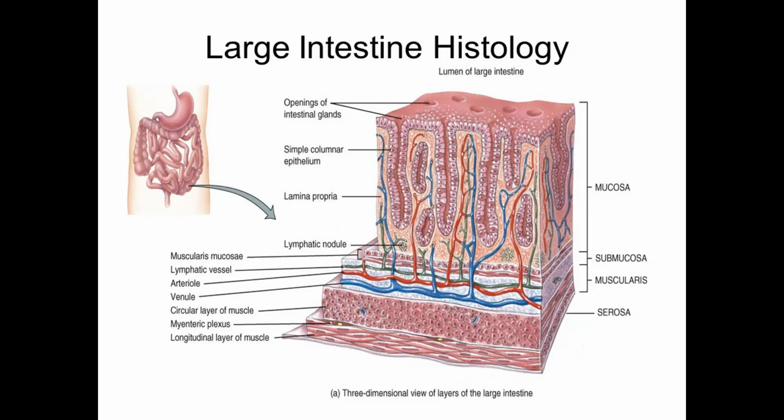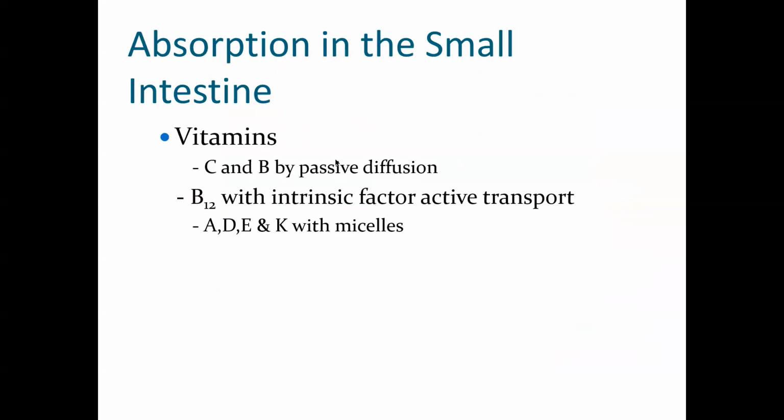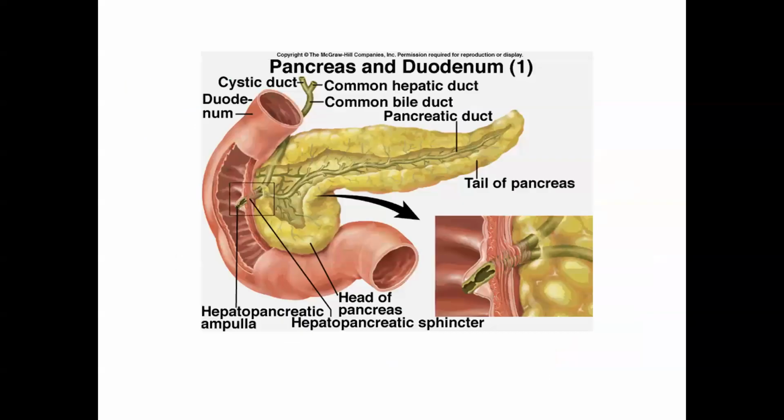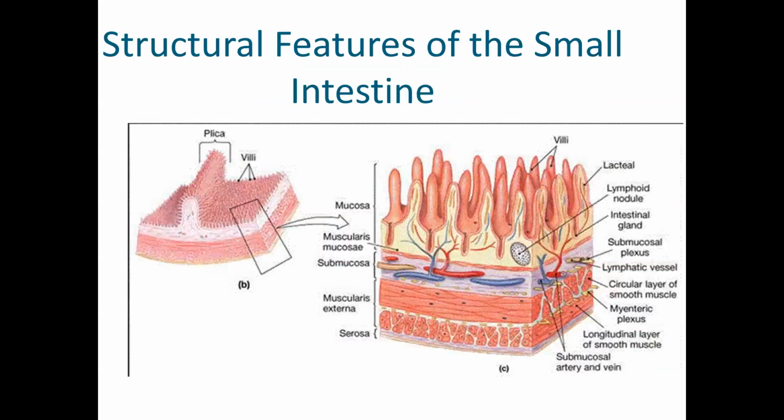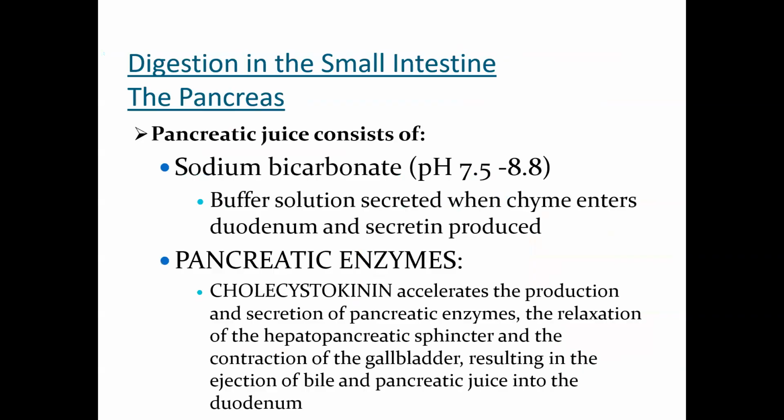Anyway, so this is the setup of your large intestines. And I want you to remember how different this looks from your small intestine, how different it appears from your stomach, right?